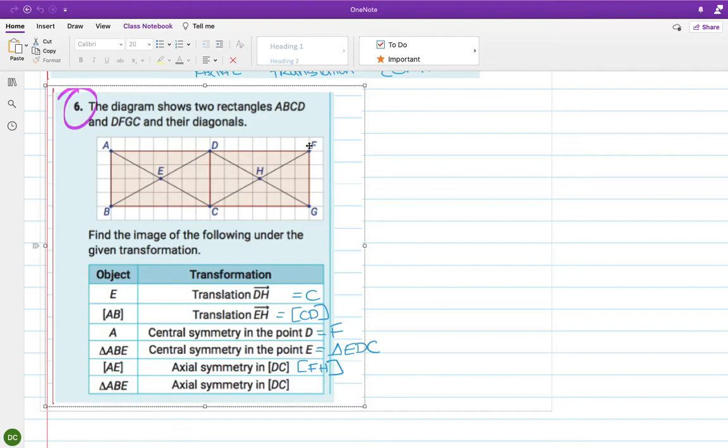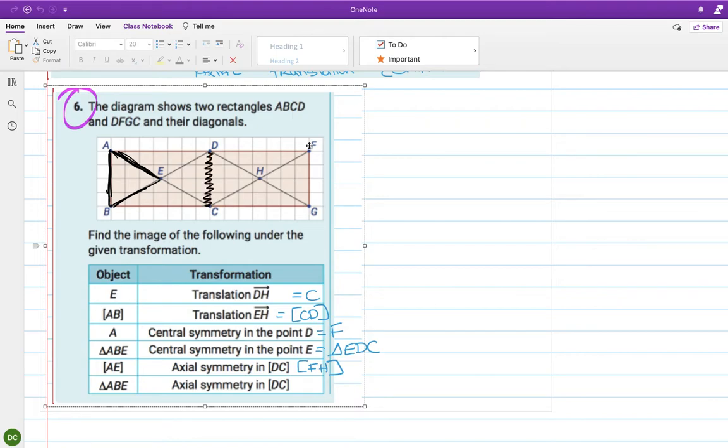Okay, and the last one, triangle ABE. We looked at that one before, didn't we? There it is there. Axial symmetry in DC, so same mirror.